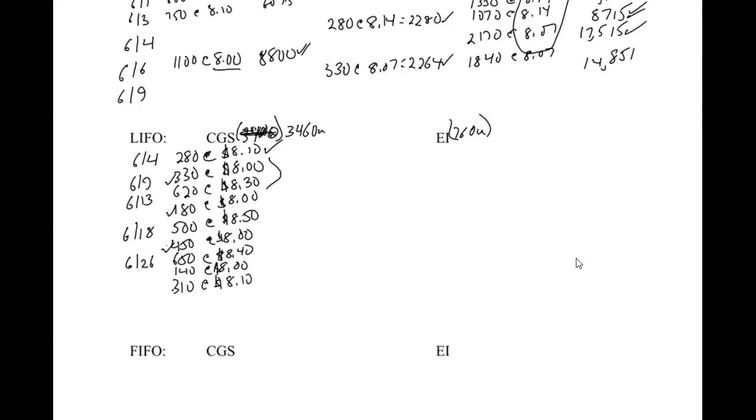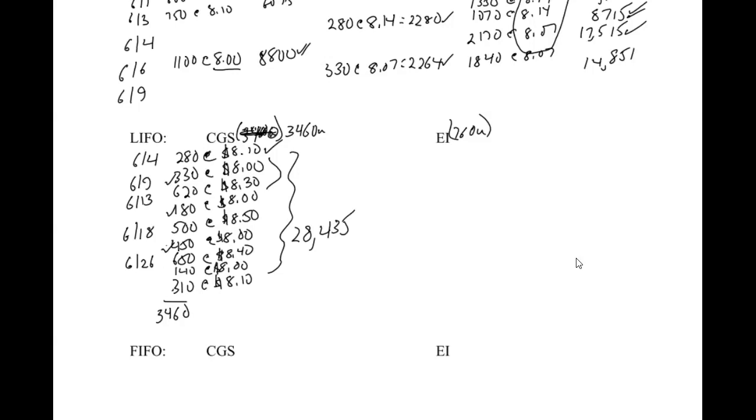Okay, so you can see there's a lot to keep straight in these. If we add this all up, we should get 3,460, assuming I didn't write a wrong number down there. And this all totals up to be the $28,435. So there's my 3,460 units sold.